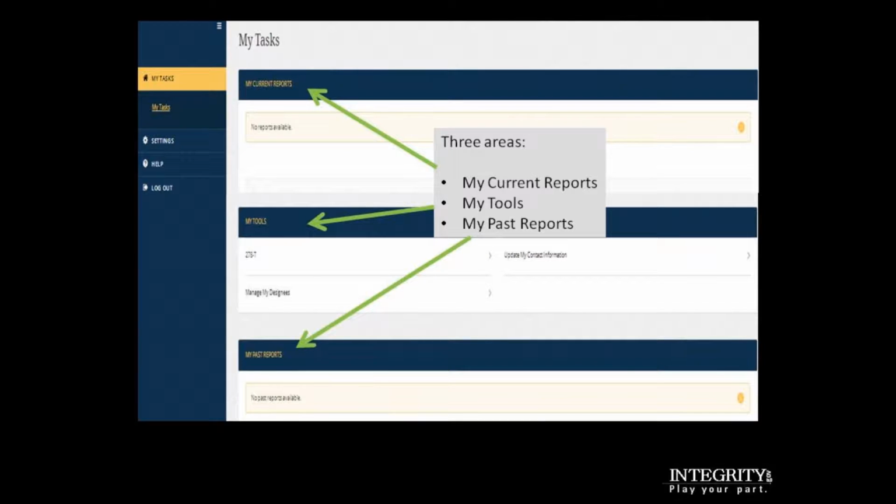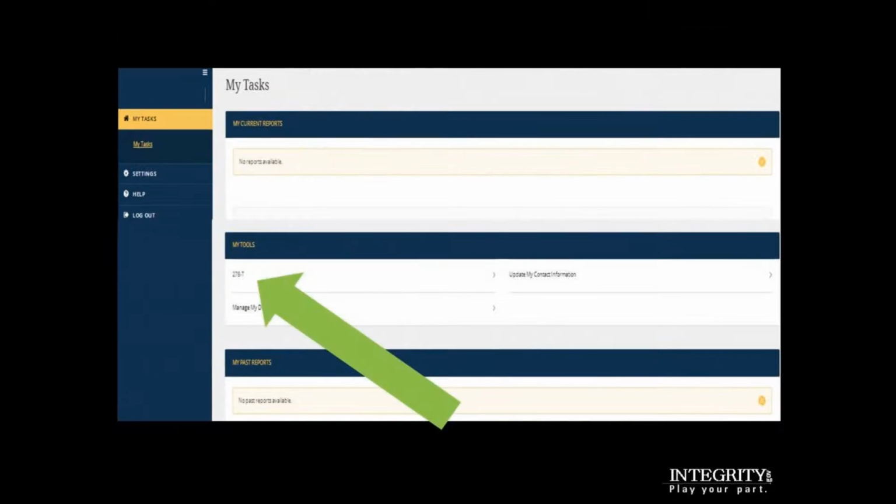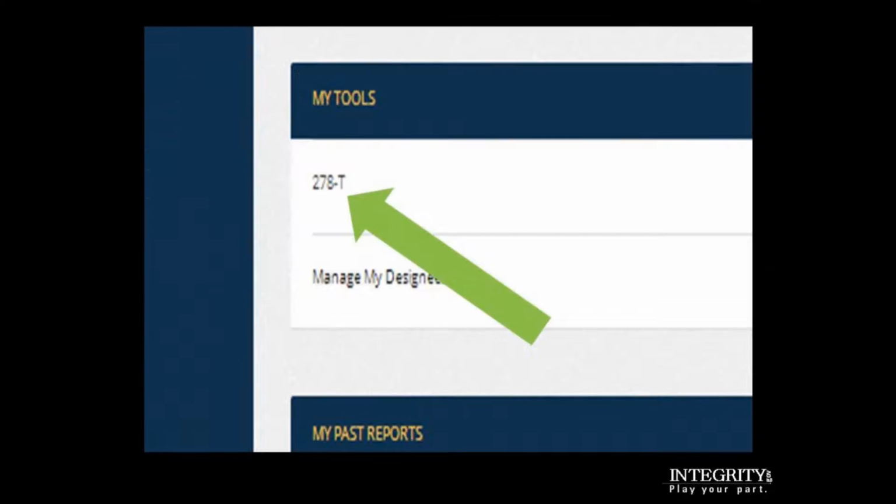The My Tools area in the middle includes links to the 278T, your contact information, and a link to manage any designees you authorize to enter data for you. At the bottom of this screen is the My Past Reports area, where the system displays links to any of your previously completed reports. On the My Tasks screen, click the 278T to start your transaction report.